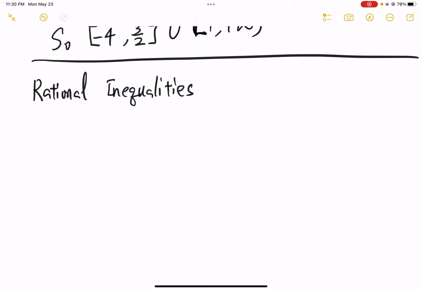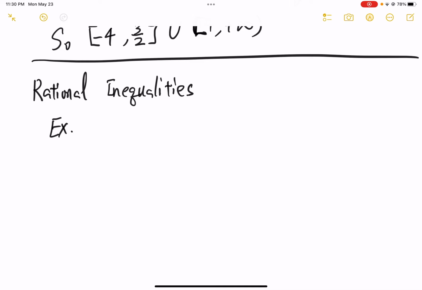The steps are very similar to the polynomial inequality, except for the domain. When we have a rational expression, the denominator cannot be 0, so we should exclude the zeros from the denominator.